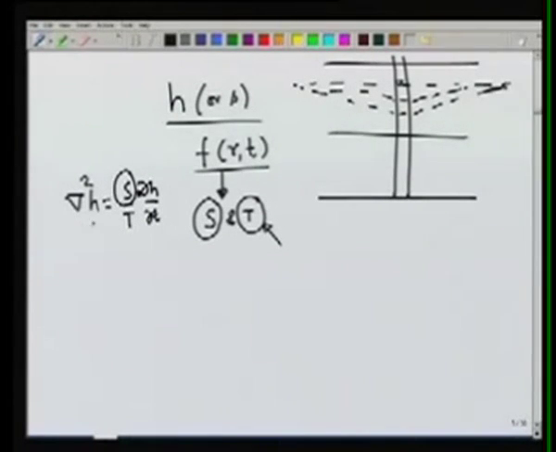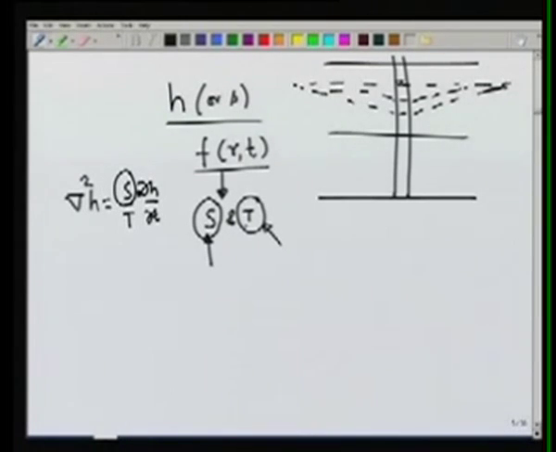But if we are using a transient flow condition, then we get an equation where S will also be used, and therefore we can derive the values of both S and T from that equation.